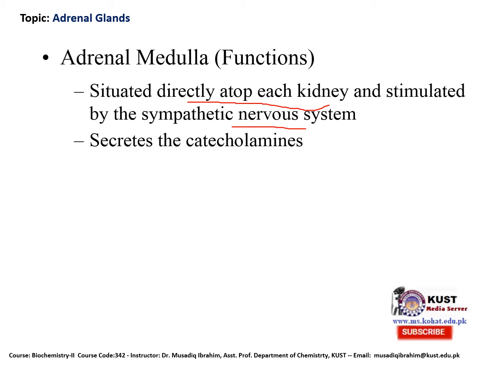The difference between adrenal medulla and adrenal cortex is that the adrenal cortex, which is the outer core of the adrenal gland, is not innervated by the sympathetic nervous system. But the adrenal medulla is innervated and stimulated by the sympathetic nervous system.